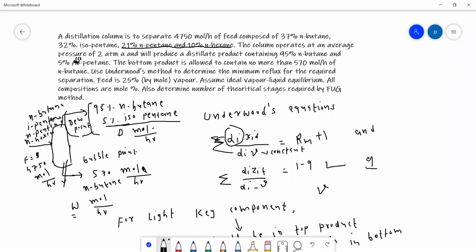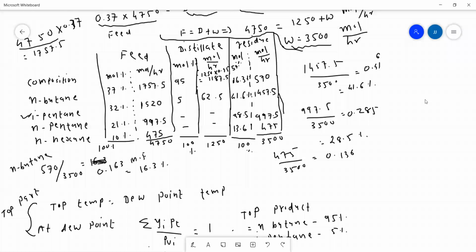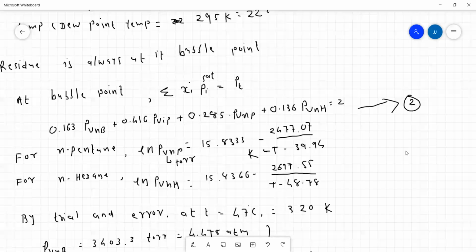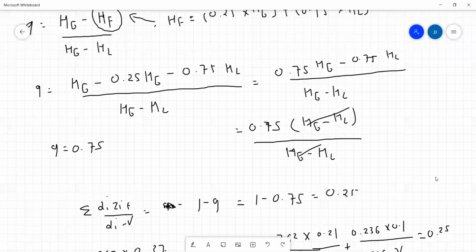Then next is to determine the minimum number of stages required by the Fenske equation.